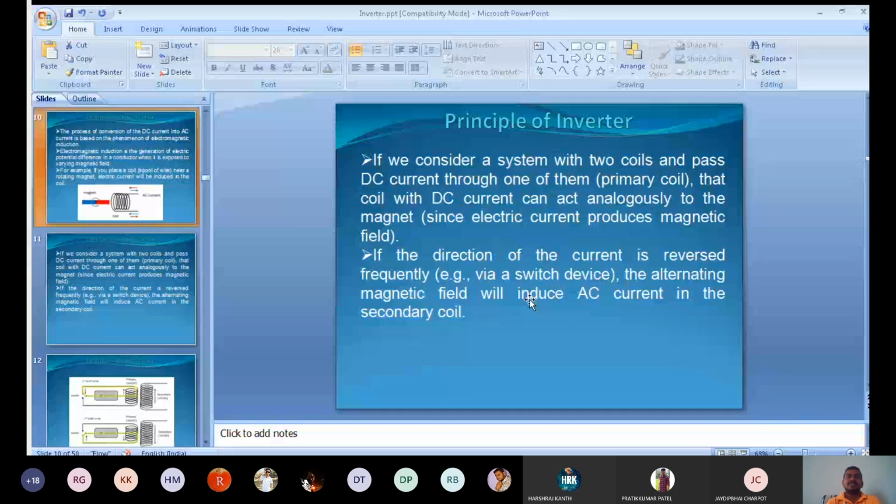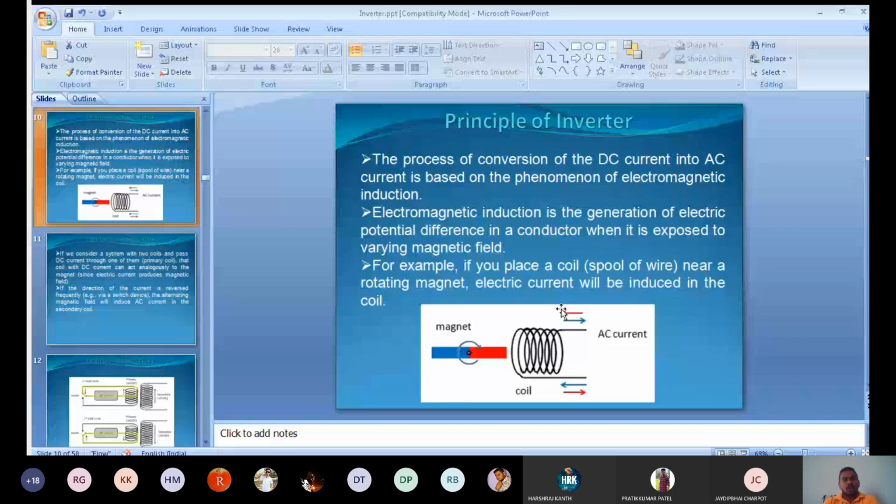Okay, now in place of the magnet, what are we taking? We are taking two coils. And we are giving a DC supply to any one coil from these two.